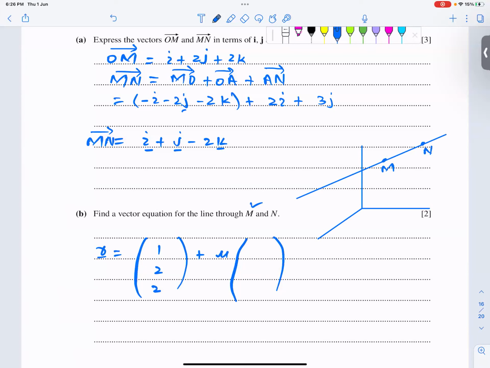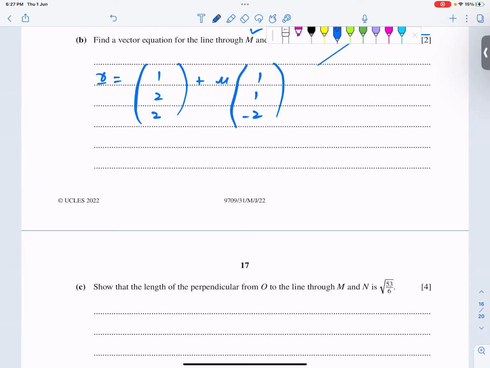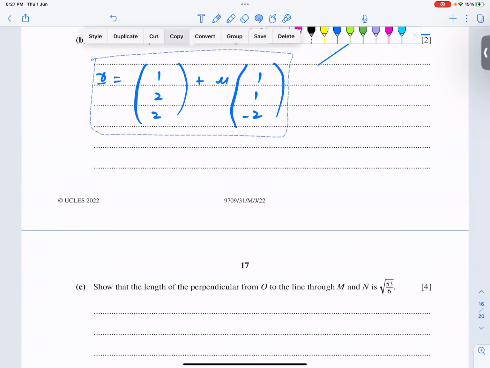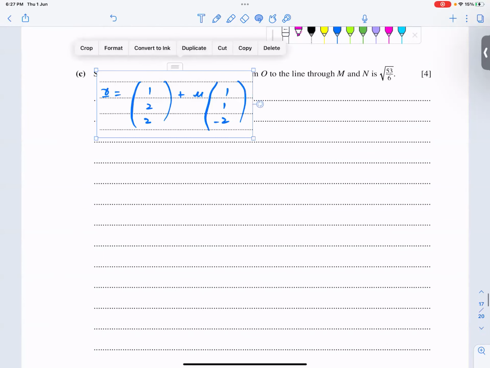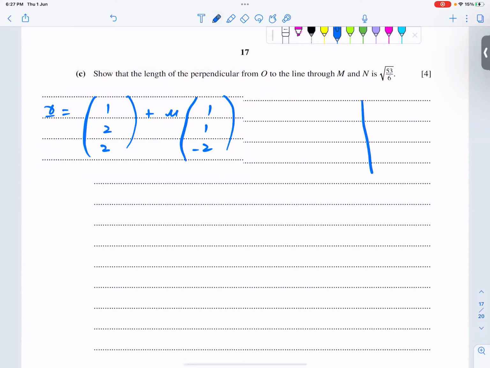Okay. So the very important concept: show that the length of the perpendicular from O to the line through M and N will be this. So for this part, we are using the previous thing. Also, we will draw the 3D shape to understand this concept.